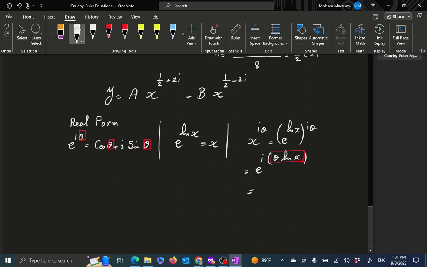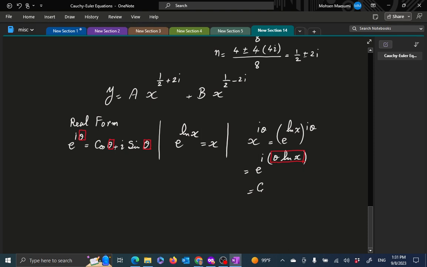I don't need to be worried about the complexity of it. Euler formula really says e to the power of i box is equal to cosine of box plus i sine of the box. So my box happens to be this. So I'll have cosine of theta logarithm of x plus i sine of theta logarithm of x.